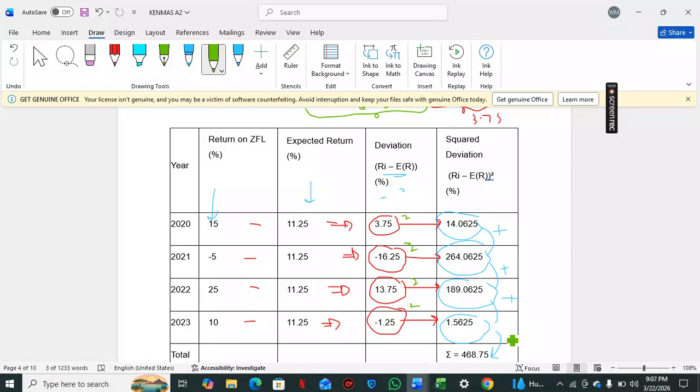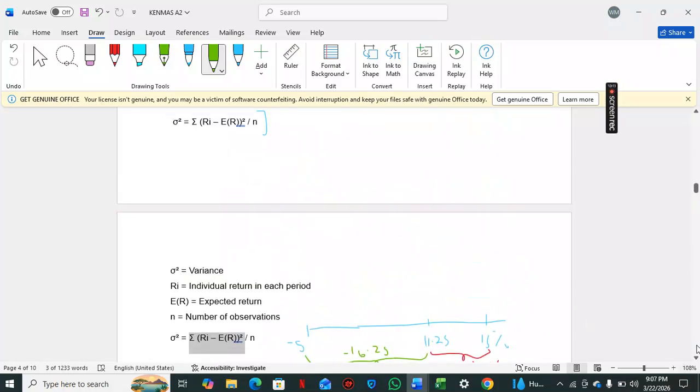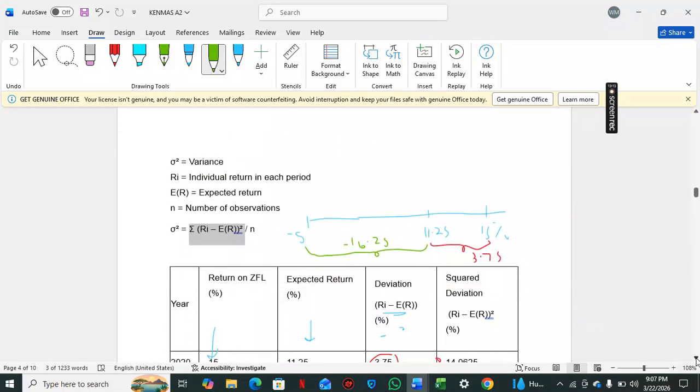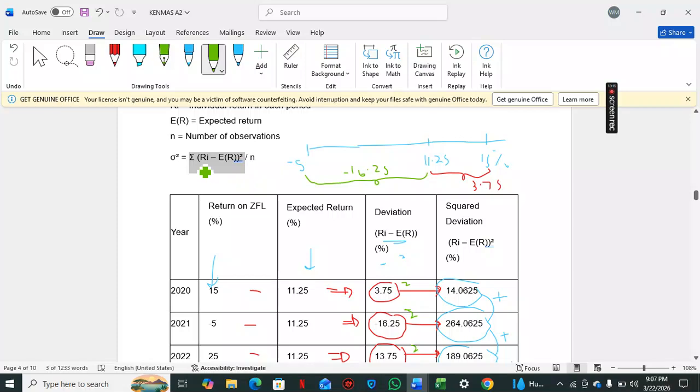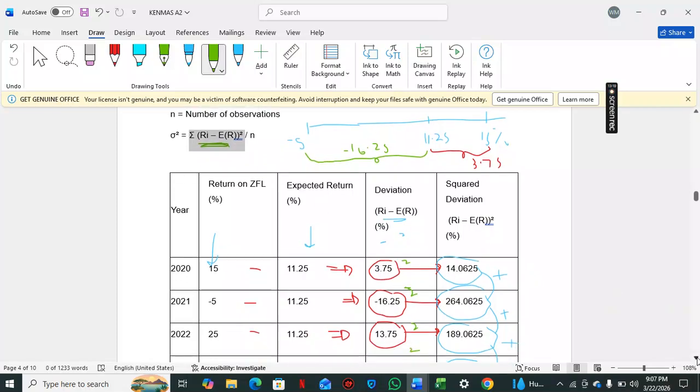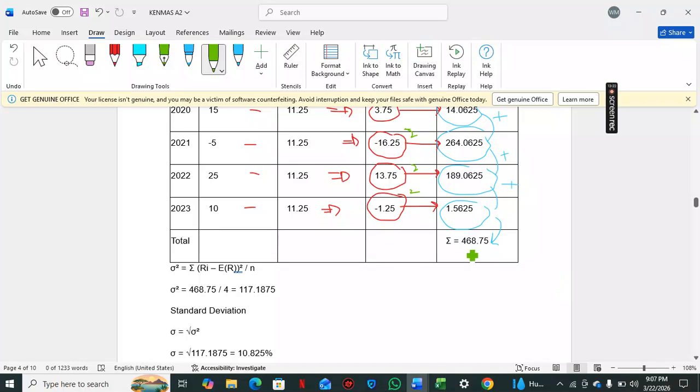So that is the top part of the formula, the sigma. Once you've added the squared deviations, you divide it by n.